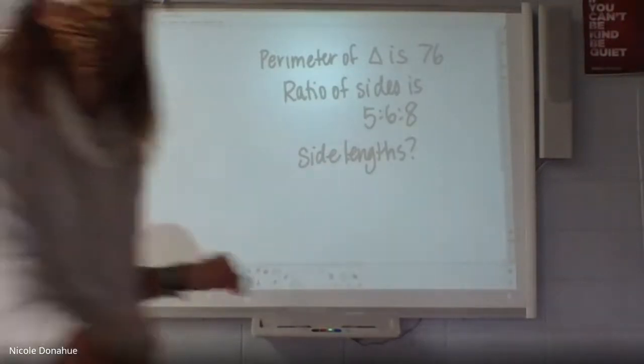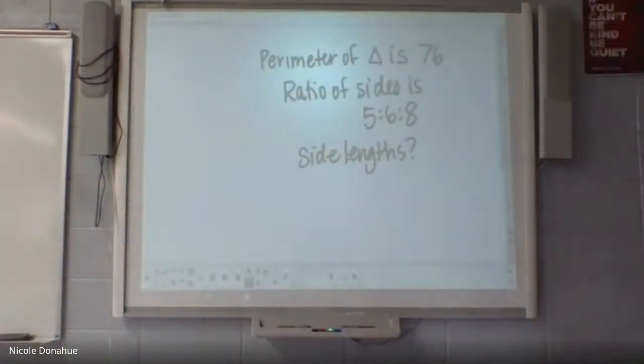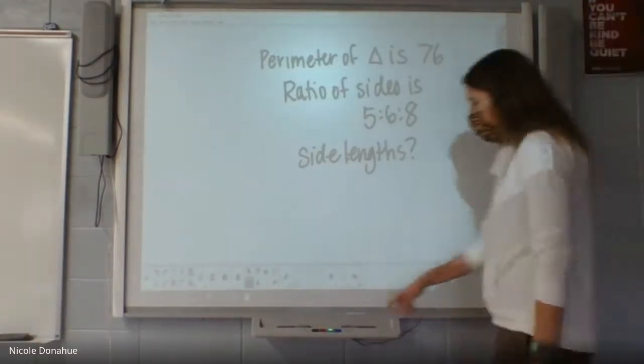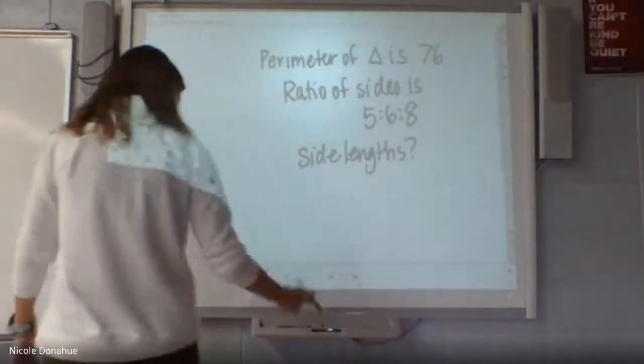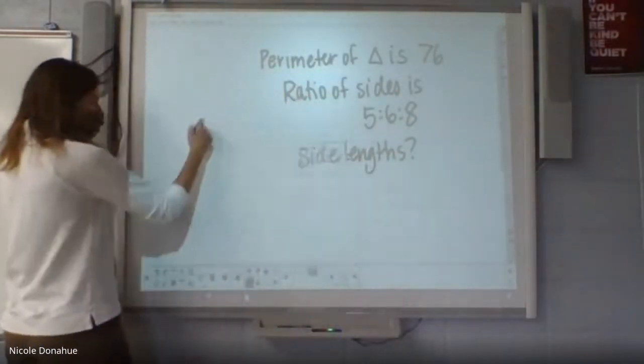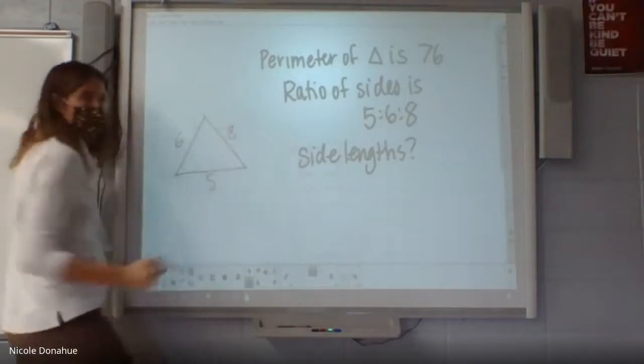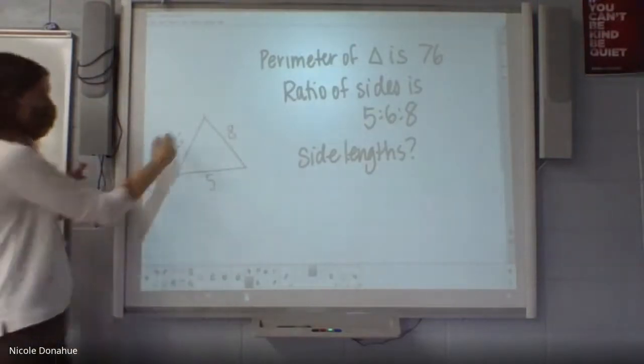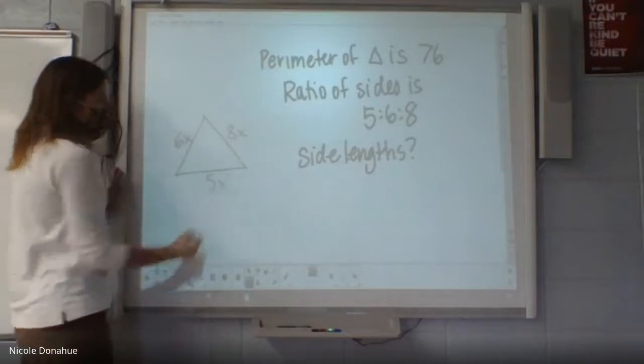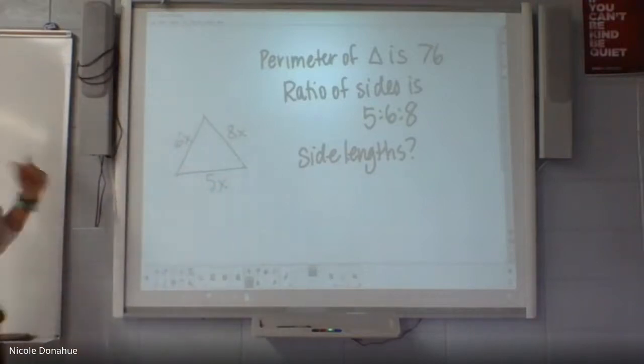Yes. And then once you know x, then you have to go and find the side length. So that's not actually the side length. So this time, these are the side lengths. Those should add up to equal 76 this time.